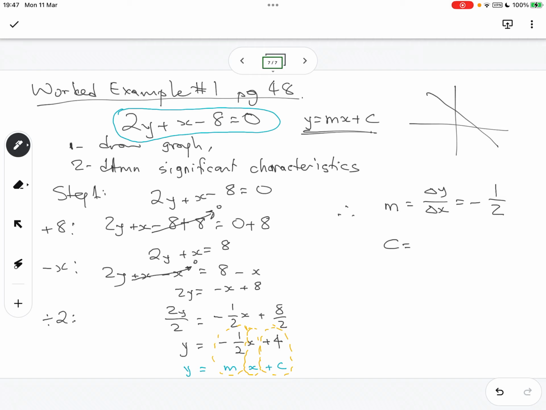Now c in this case equals just 4, and c is this part over here. It's called the y-intercept. So where there is an intersection of the straight line y equals mx plus c and the y-axis, that is called your y-intercept, right?